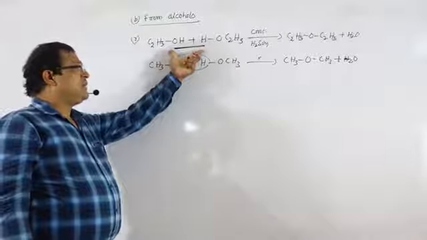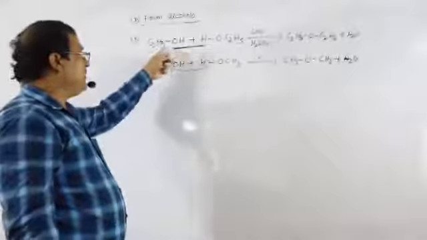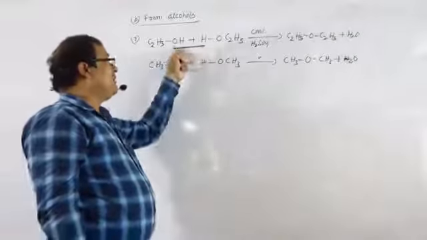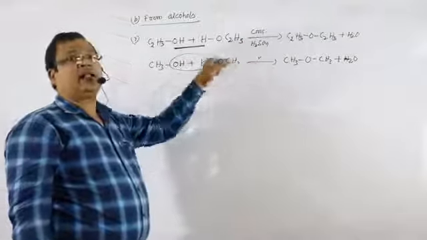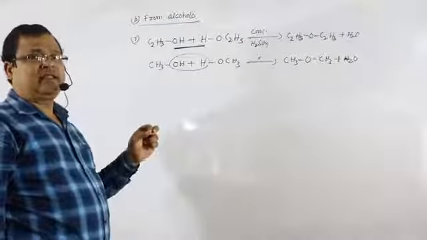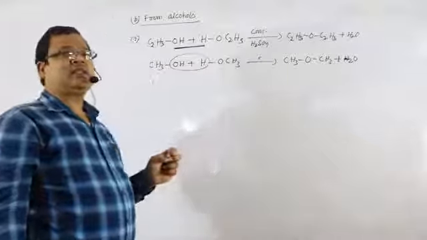We have to take symmetrical alcohols. This symmetrical ether can be prepared by this method, because we have taken the same kind of alcohol. If we take excess of concentrated sulfuric acid, then alkene will be the major product, in addition to a little amount of ether.